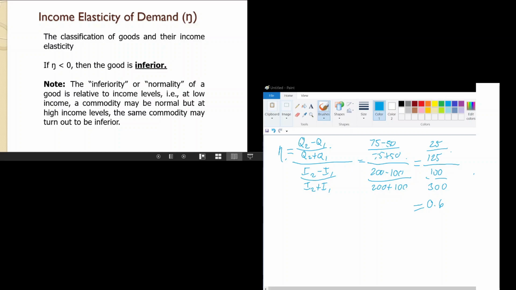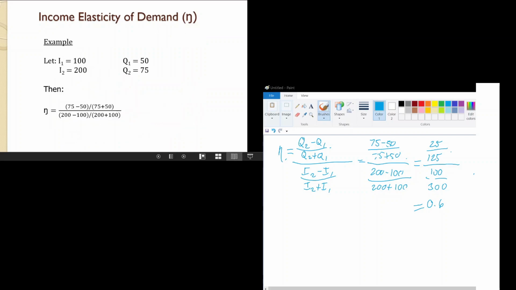But, tapos kapag yung computed value naman is less than 0, then we can consider the good as inferior. Okay? So, yung first interpretation sa income elasticity, we need to identify if it is elastic, inelastic, or unit elastic. Second, we need to identify it if it is normal or inferior good. And then if it is a normal good, we need to identify if it is a necessity or it is a luxury. Then we need to interpret pa siya na in terms of yung a 1% increase or decrease.